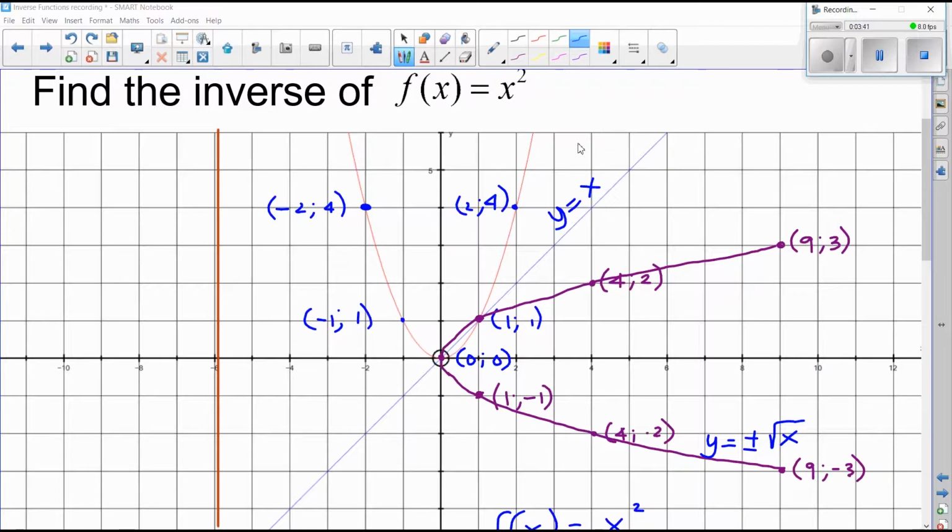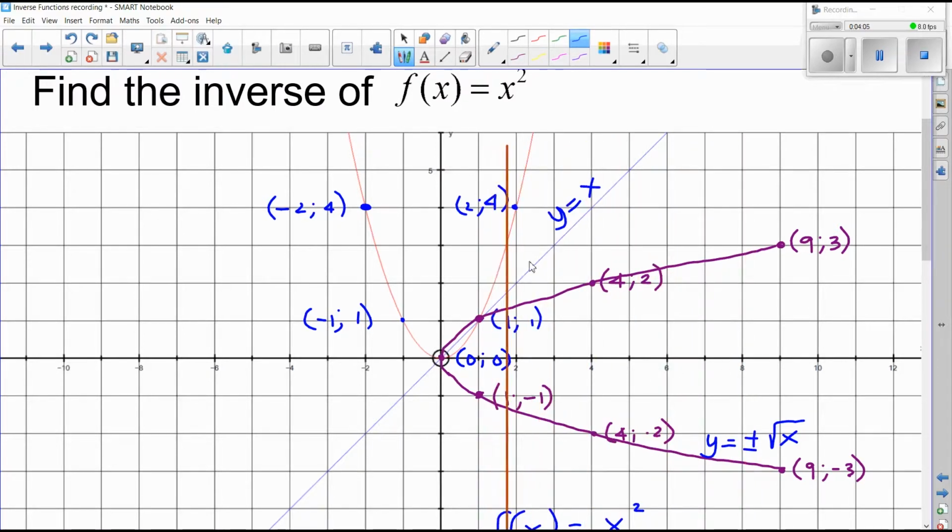We're now going to do the vertical line test, and we see that when we sweep a vertical line across the graph of f of x equals x squared, it cuts the graph at one point only, and so f of x equals x squared is a function. However, can you see that this vertical line will cut your inverse graph in more than one place.